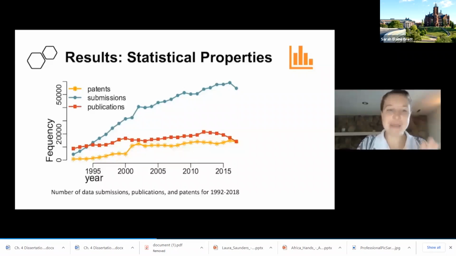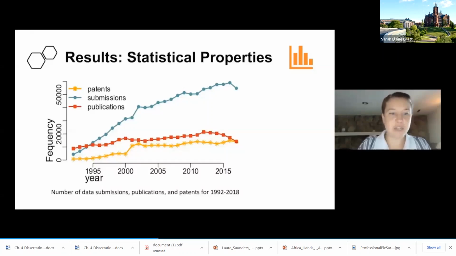So to begin, we have our statistical properties of the overarching trends and distributions of the number of patents, submissions, and publications. Now, if you direct your attention to this blue line, we have data submissions.